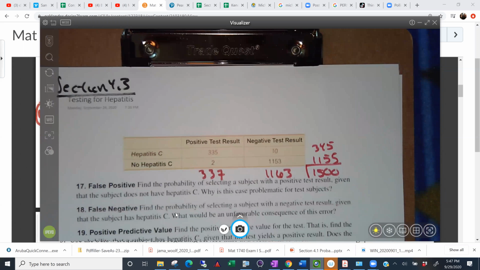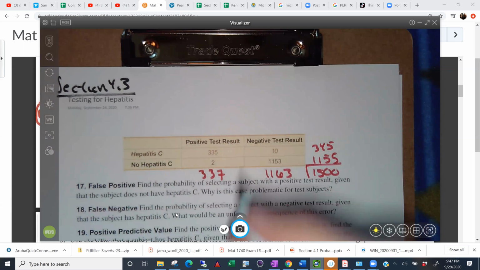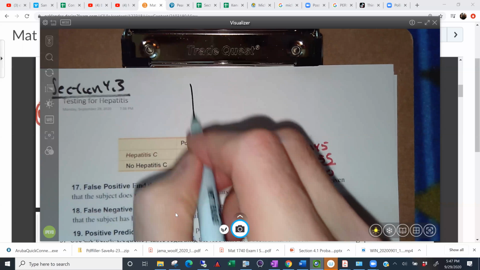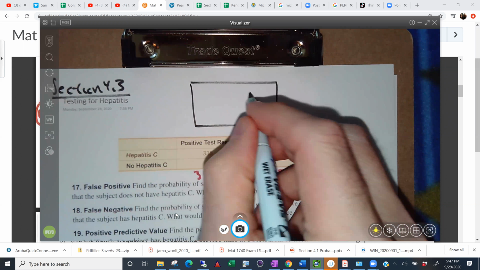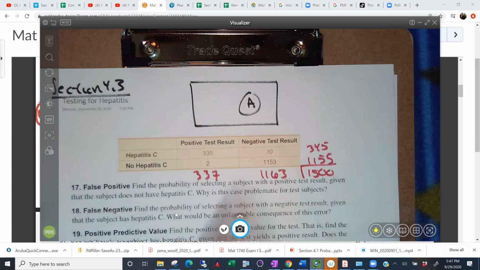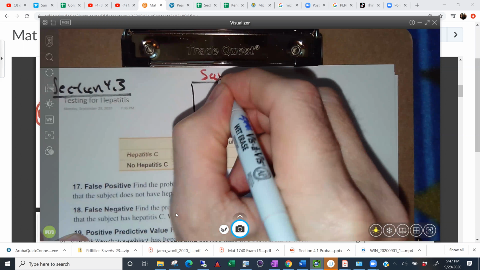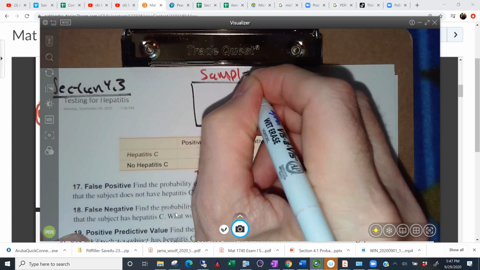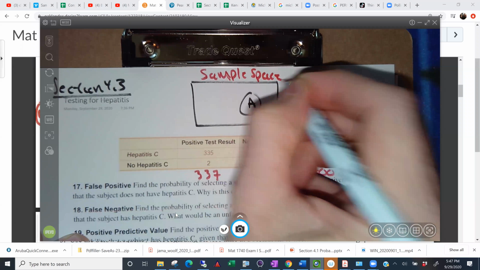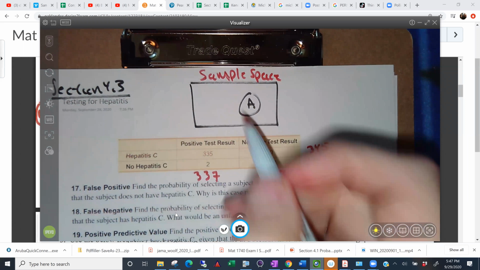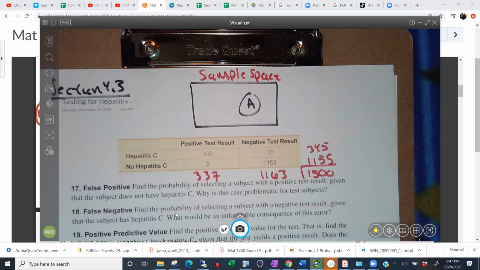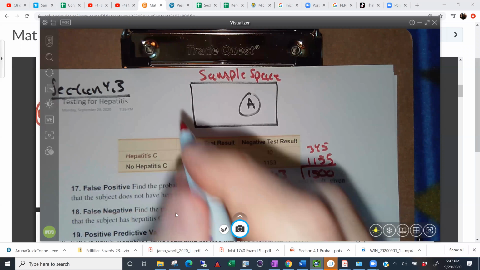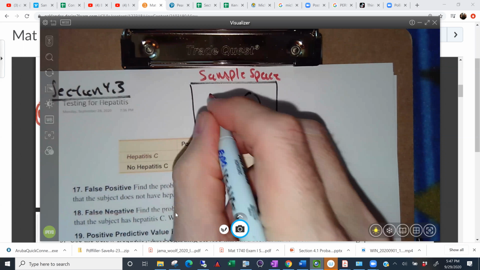Now, just to refresh you a little bit, this box represents your universe, or what we call our sample space. So this is everything that can happen. If event A is what's in that circle, then A bar is everything else.